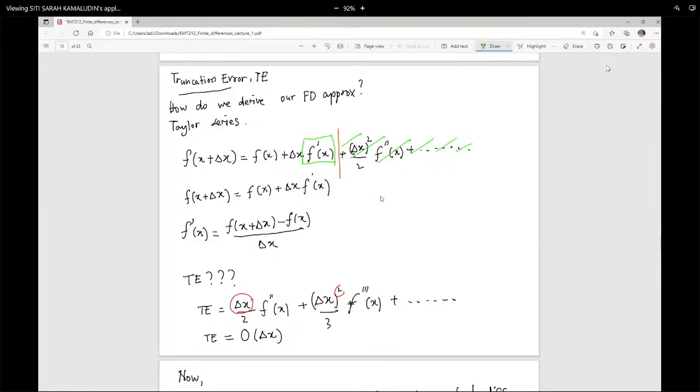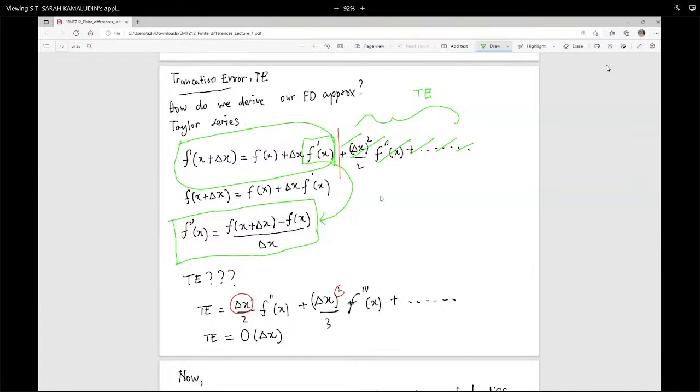This part is what we call the truncation error. Okay, is that clear? Just by considering this part of the Taylor series, we get our finite difference approximation formula. But in formulating it, we truncate some of its value. So this is the truncation error.